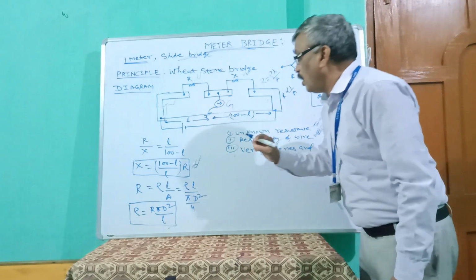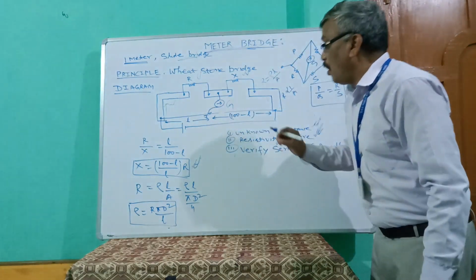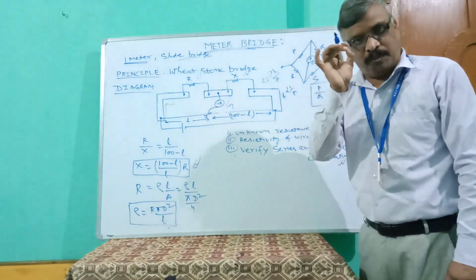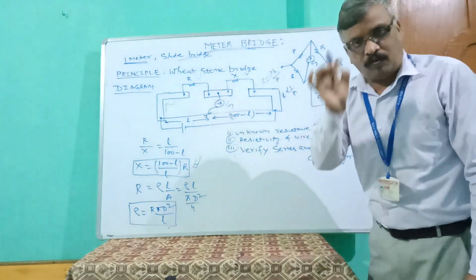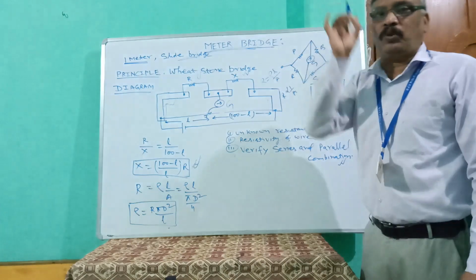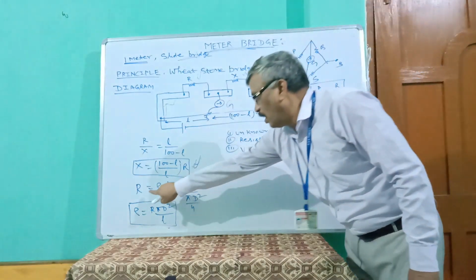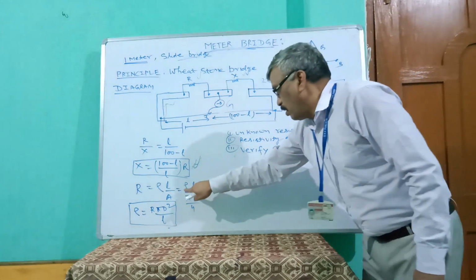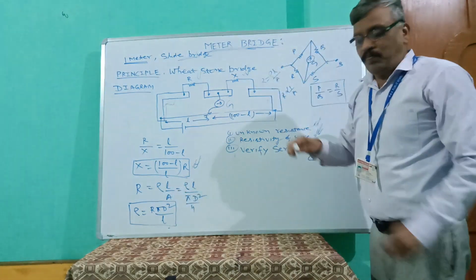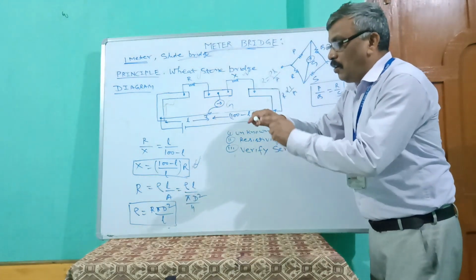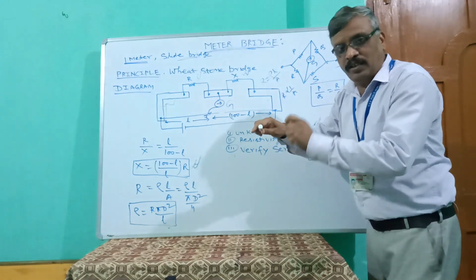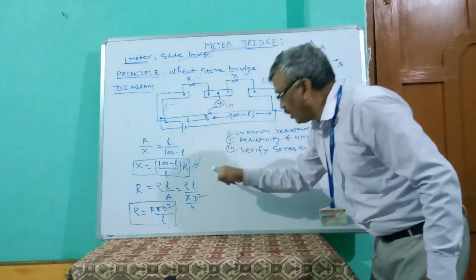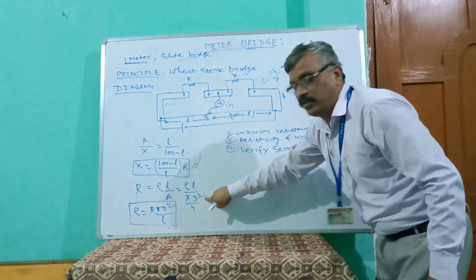Now, how do we calculate the value of the resistivity of the wire? For calculating the resistivity of the wire, we know that R equals rho L by A. The area of cross section of the wire is generally circular, hence the area of cross section is transformed into diameter.